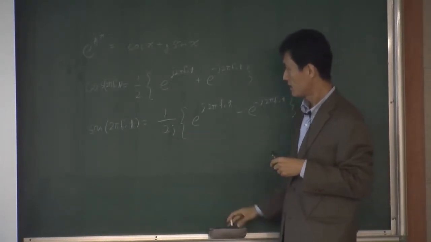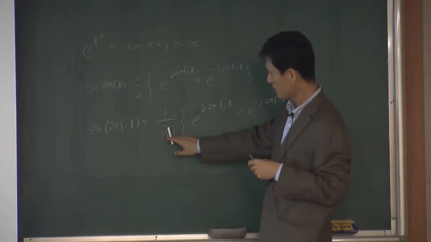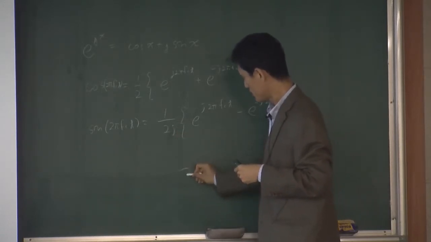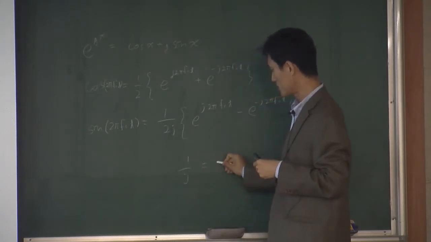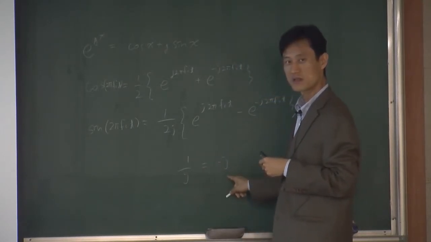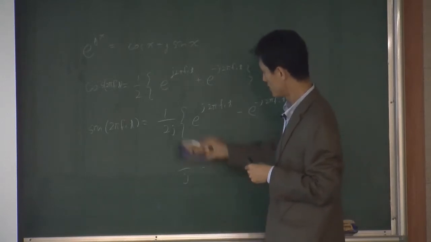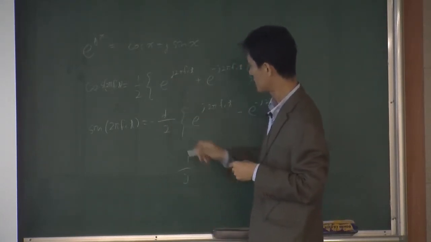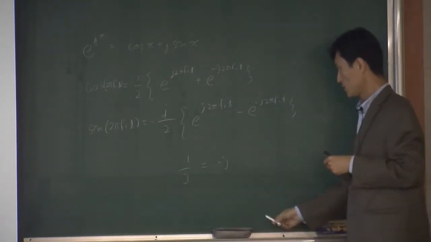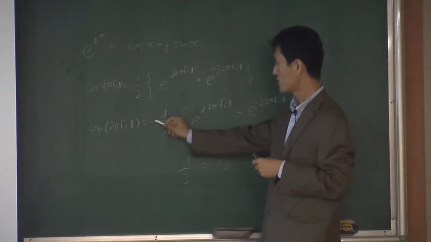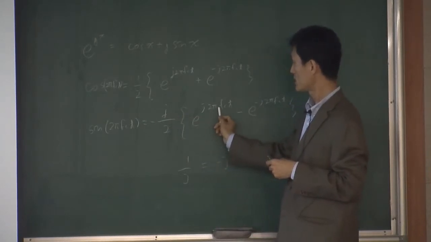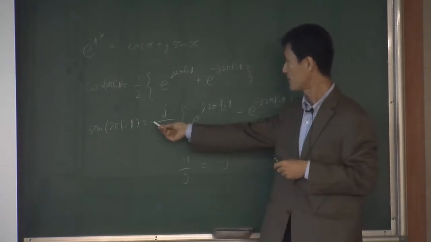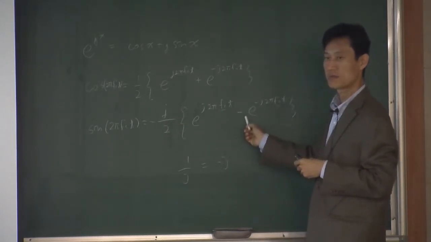So when you put the j in the denominator on the bottom, 1 over j equals minus j, right? It's the same as minus j. So now I can change this into minus j, so minus 90 degree for this one. For that one, you have a minus j, minus, so it's going to be plus, right?